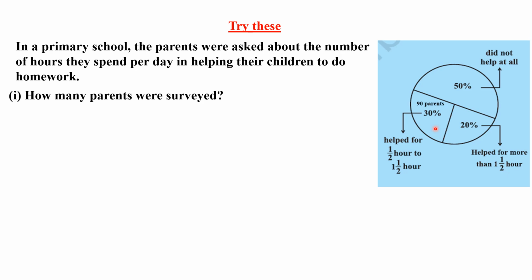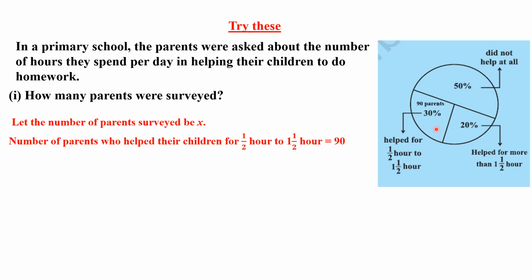First, let's assume that the total number of parents surveyed is X. The number of parents who help the children for half an hour to 1.5 hours is 90, so I can write that 30% of X is equal to 90, because it is given in the pie chart that 30% of the parents are 90.